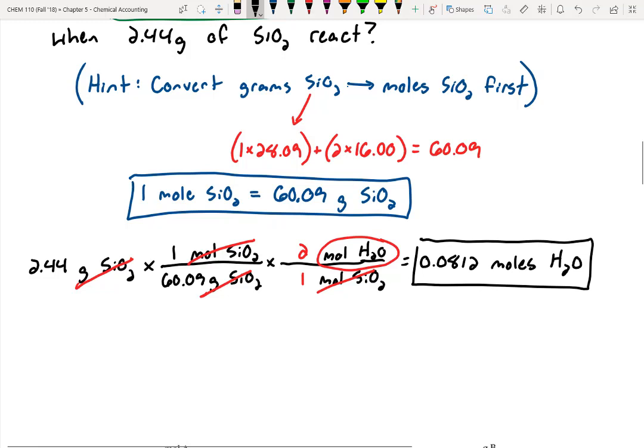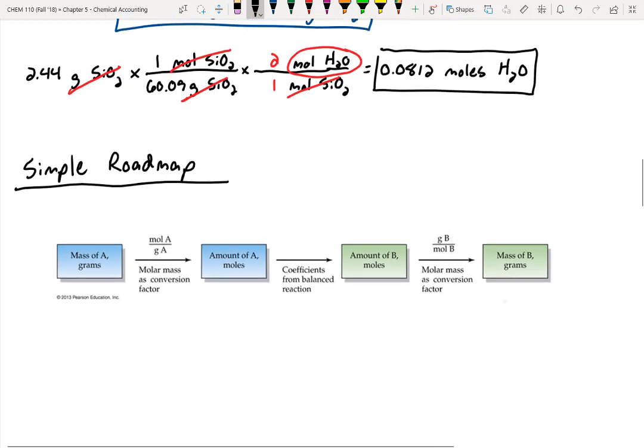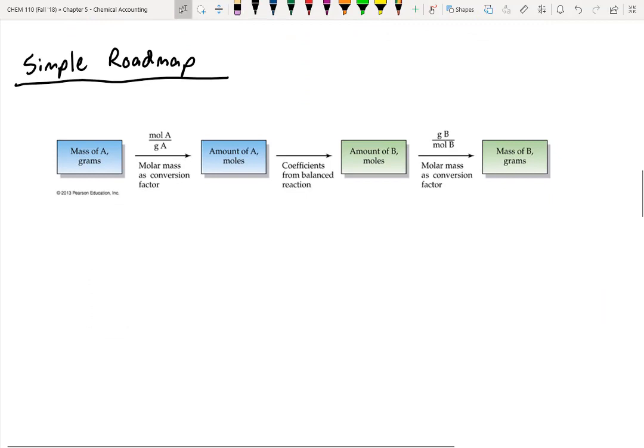All right, I'll show you this simple roadmap. And this simple roadmap is pretty useful anytime you're doing stoichiometry. So let's say you're given the mass of some compound, we'll call that compound A in grams. First step I always do is convert that to moles, kind of the universal currency in chemistry.